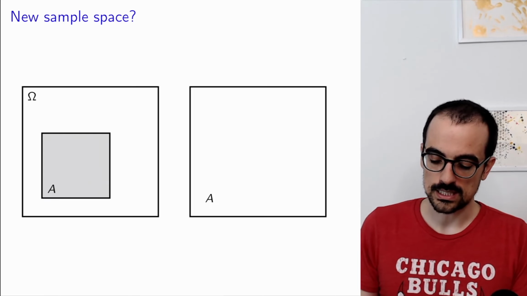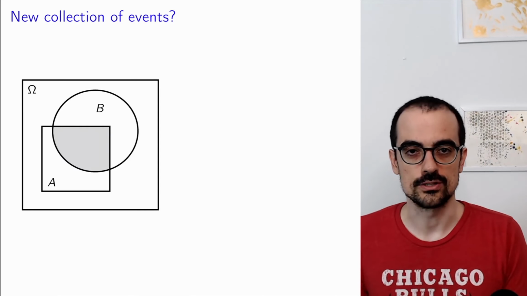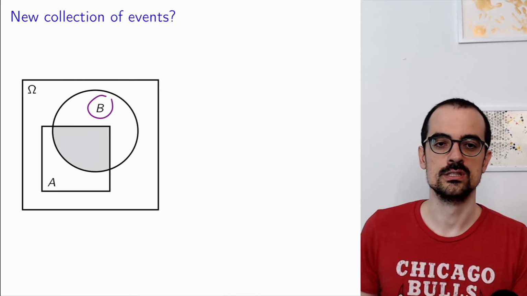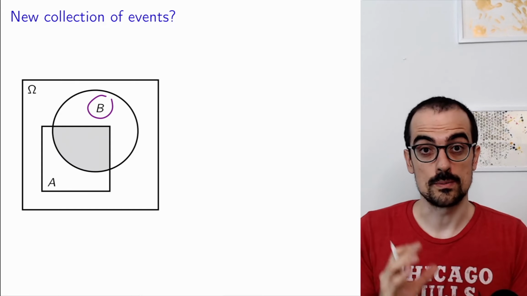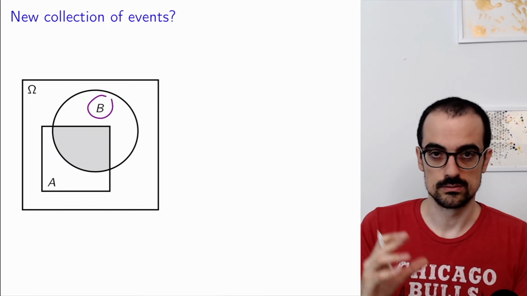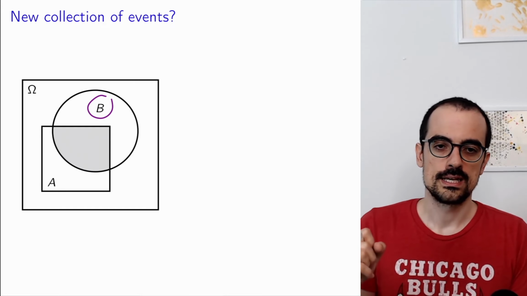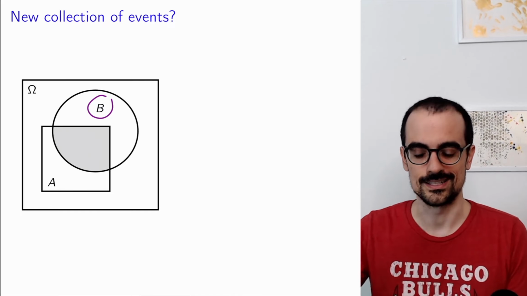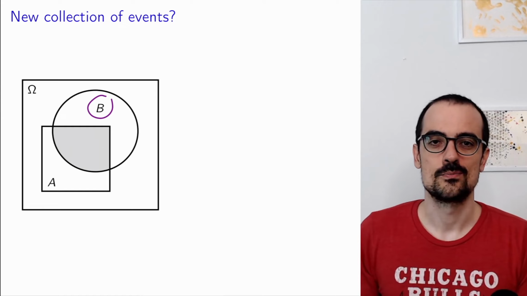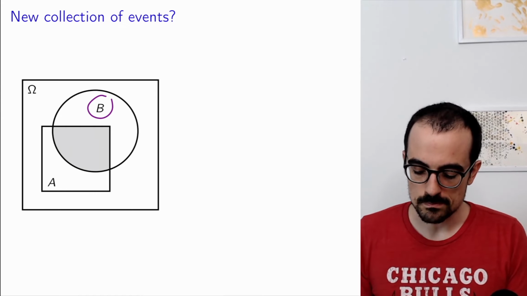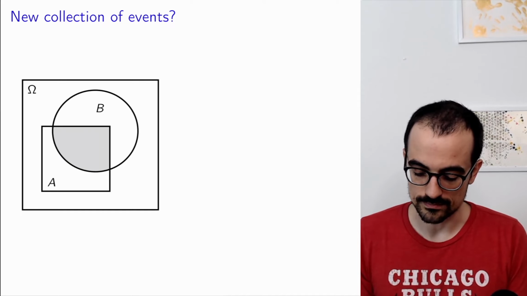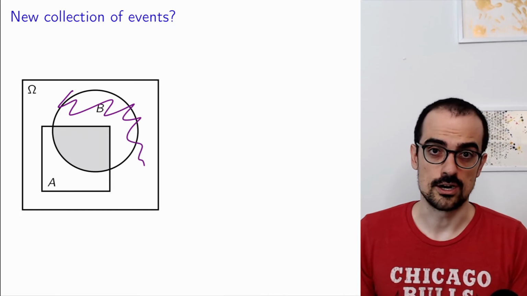Now let's think about how we update the collection of events. For each event B in the original collection of the probability space, how should we translate it to the new probability space? Well, if we're interested in B, we know that the outcomes that are outside of A are not going to happen in our new probability space.